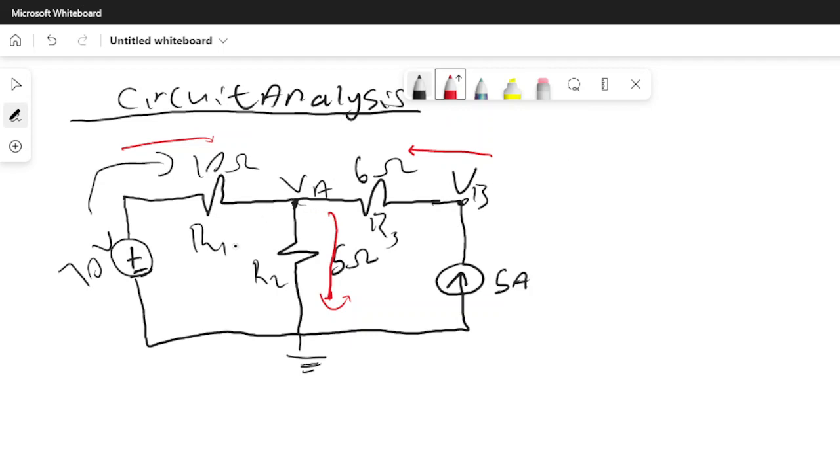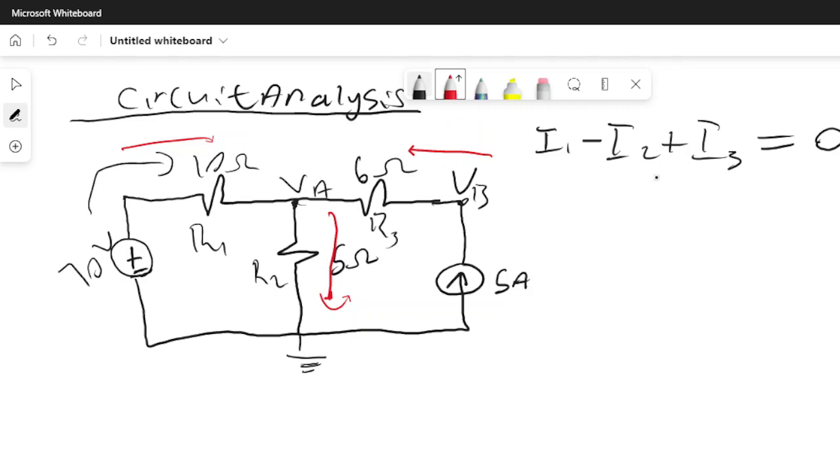This is current I1 that passes through R1, and the currents going in I'm going to make positive, so I'm going to have current I1 plus, no, current I2 leaves, so it's going to become negative, minus current I2 plus current I3, which will equal 0.